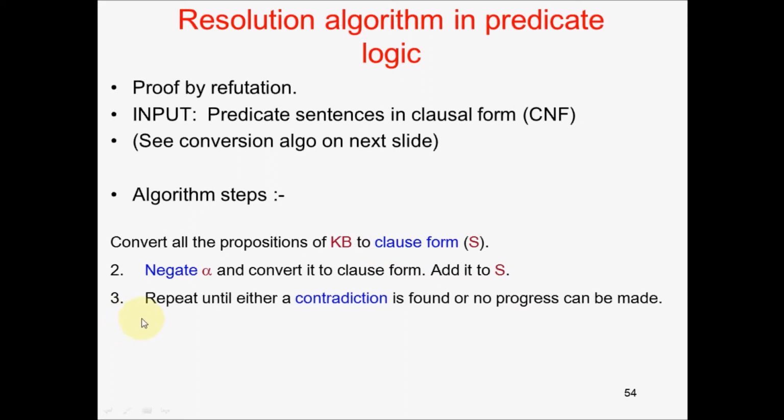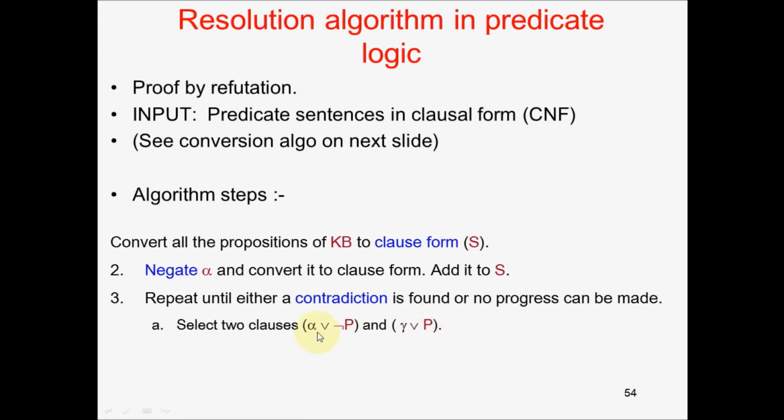Third step, we have to repeat the following procedure until either a contradiction or an empty clause is found or no progress can be made. The sub-steps are: suppose this is one clause and this is the second clause. You see that predicate P and predicate not P can be cancelled out, because not P and P is false.